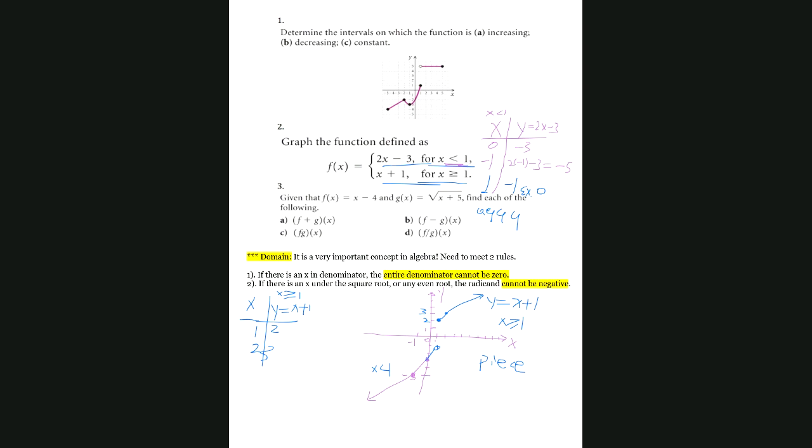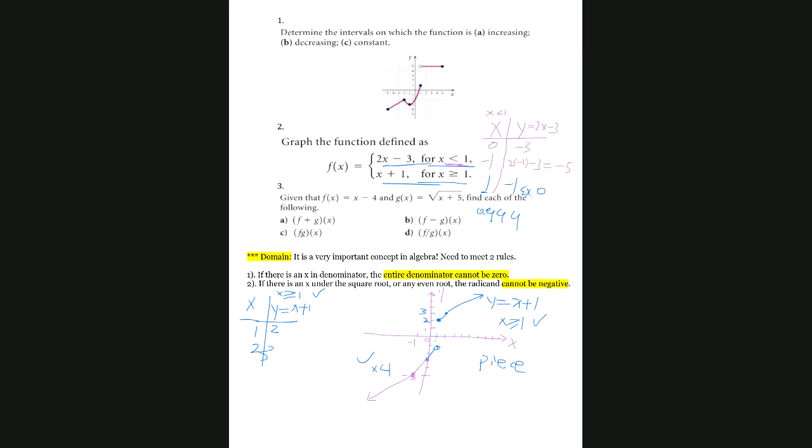Any questions? You just have to be able to control the x and y in here. This is probably the most challenging graph, right? Because you have to control the x value, and for this one, x will be less than 1 in here. All right, any questions?